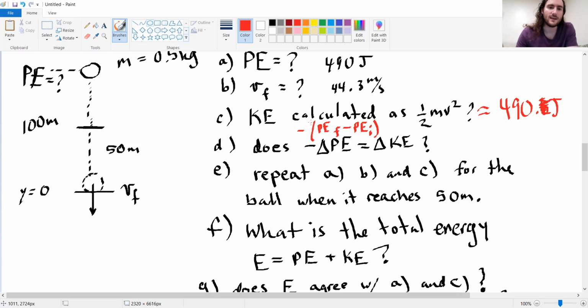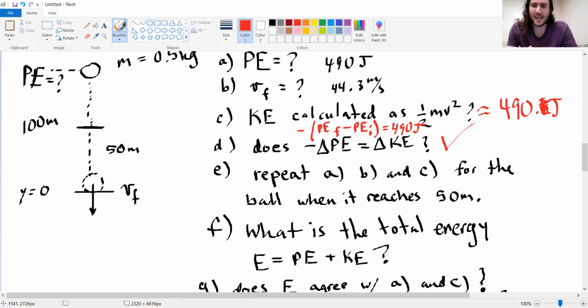It's negative 490, and then we take the negative of that negative answer to get 490. We know that this thing wasn't moving, and now it is moving at the bottom, and it has 490 joules of kinetic energy at the bottom. And so yes, this is 490 joules. So minus change in potential energy equals the change in kinetic energy.